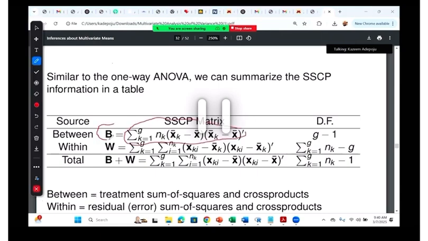We're going to represent that as matrix B. The variation within, we're going to represent as matrix W. Then the total variation is just going to be the addition of the two, right? All of them are going to be in matrix form. Does that make sense? And they're also going to have their corresponding degrees of freedom. For between, it's going to be the number of groups minus 1, and so on like that. Okay, I want to move on right now. Any question on this table? Is there any question?